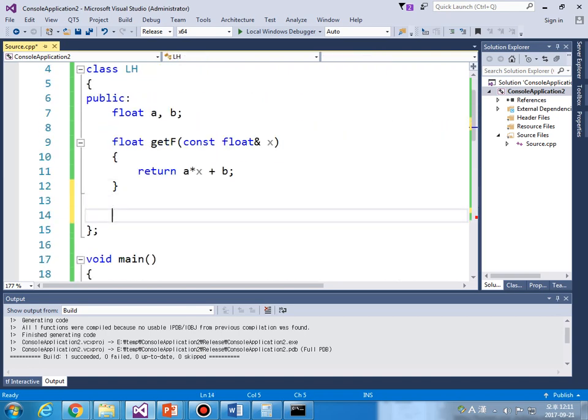Okay, and let's define an error function here. So get error, const float x, const float y target.